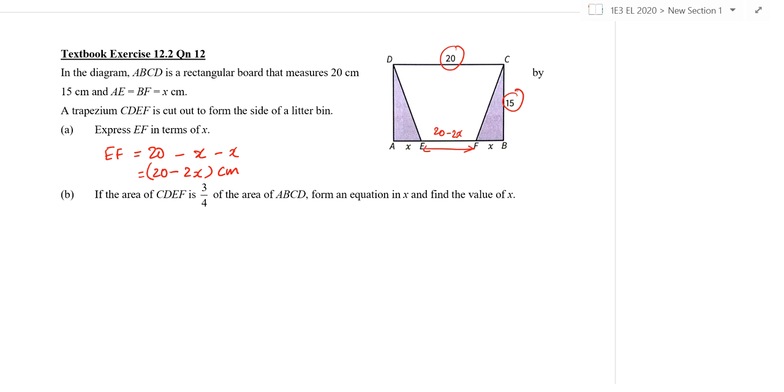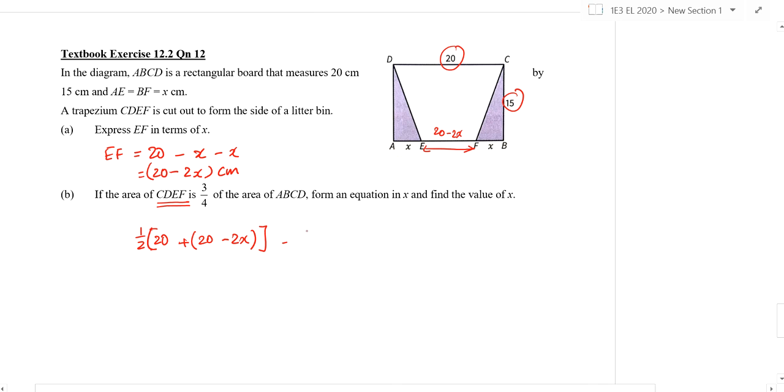So we write this down in numbers. Area of CDEF, meaning half times the sum of the parallel sides. So that will be 20 plus the other parallel side is 20 minus 2x. Whether you put brackets here or not doesn't make a difference. So this is the area of the trapezium CDEF.